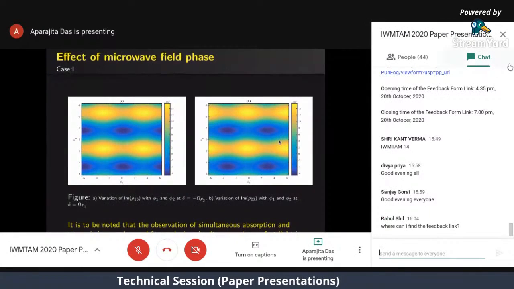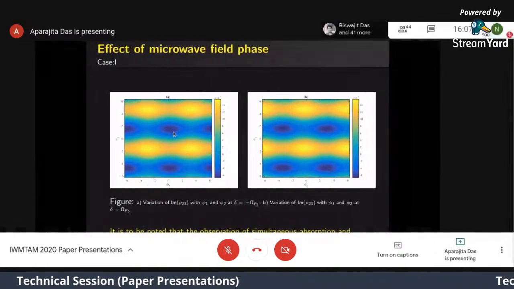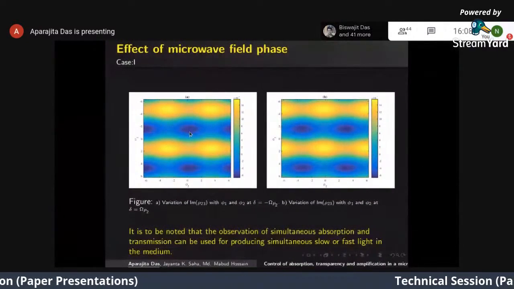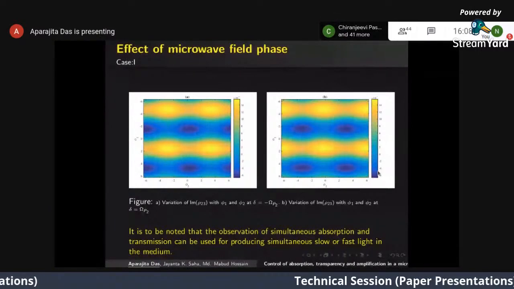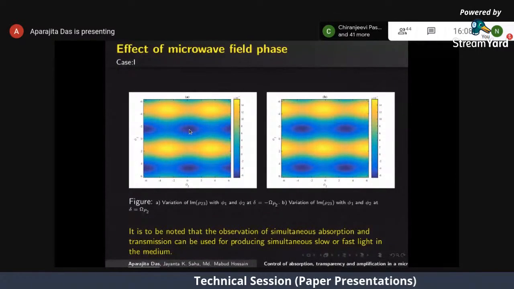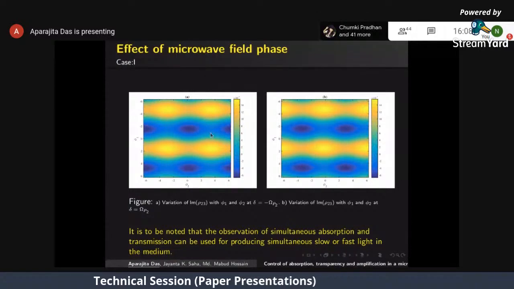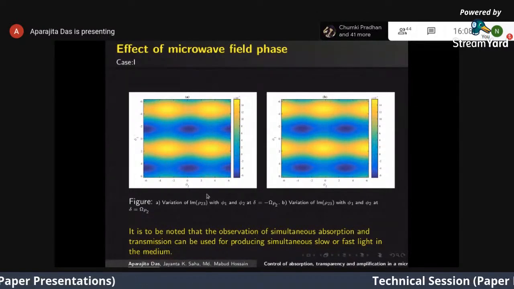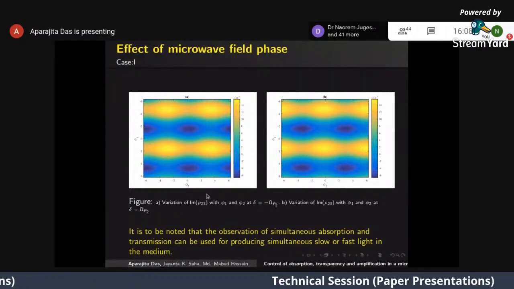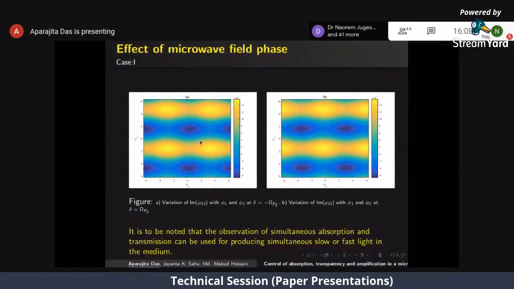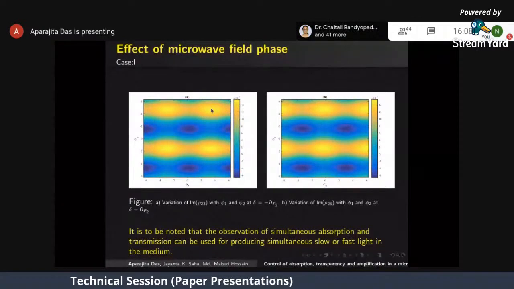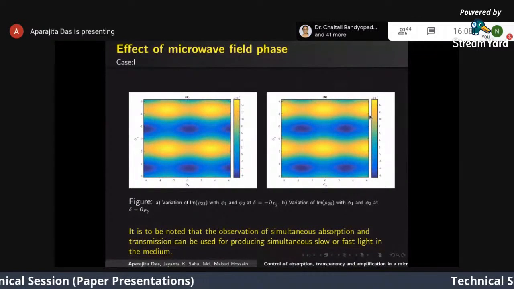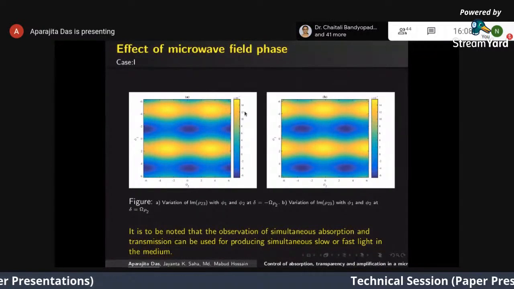And this deep blue portion has a negative value. That means for some combinations of phi 1 and phi 2, we can get some probe gain. And these yellow portions are for positive values of rho 2,3.